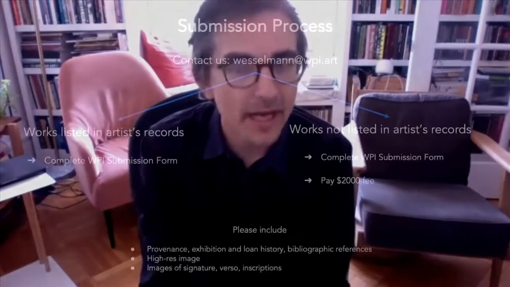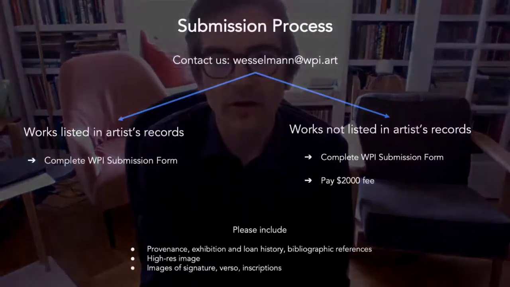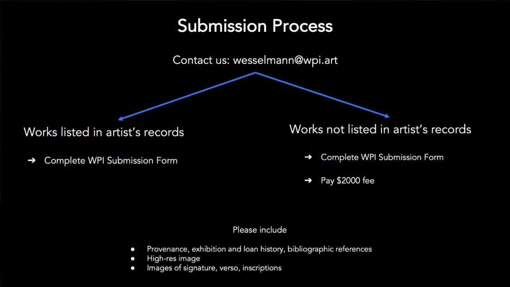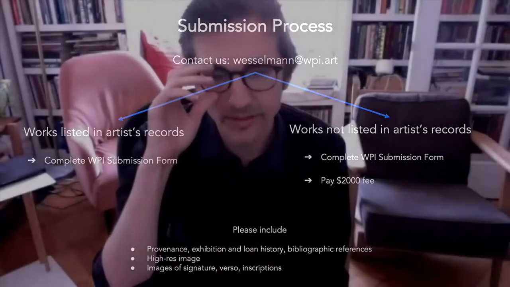For many of the works, they are currently listed in the digital corpus in black and white, which is to say they are either oil studies or what Tom Wesselmann categorized as unique major works that are listed in his records. And for those works, all you need to do is complete and sign a WPI submission agreement, which the Wesselmann team will send to you, and then we will get started on your work.